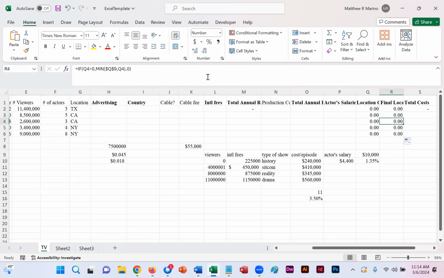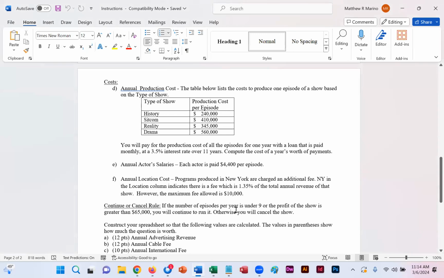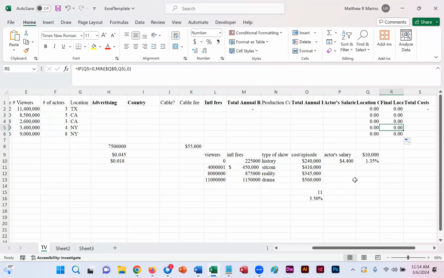So the first 3 should be 0, and the last 2 should have some number, whether it be 10,000 or a smaller number. Wait, no, 10,000 is the maximum. Okay. So it should be 10,000 or a smaller number.